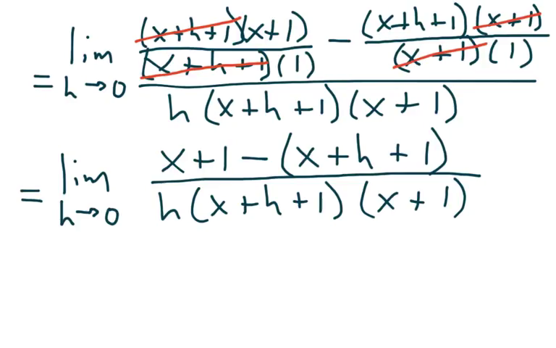As before, we'll distribute this minus sign in the numerator. That makes it a plus on the outside and changes all the signs on the inside. Once that's distributed, we see cancellation.